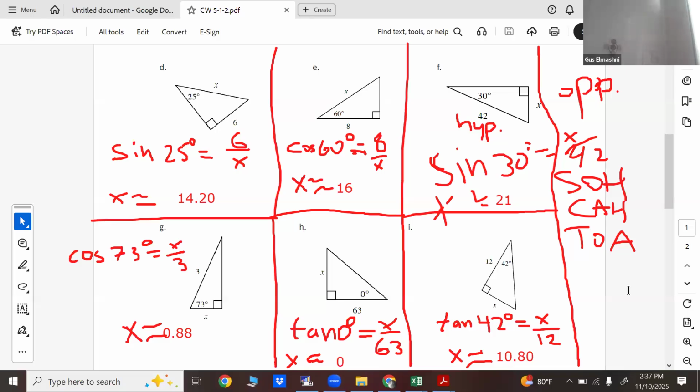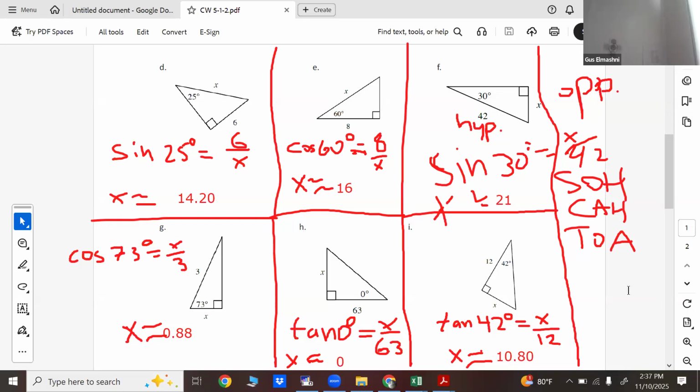So you guys are okay? Yeah, I got all that. Oh, so I divided by 2.42.